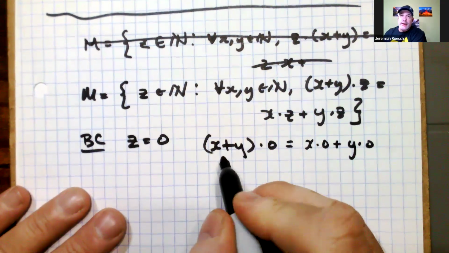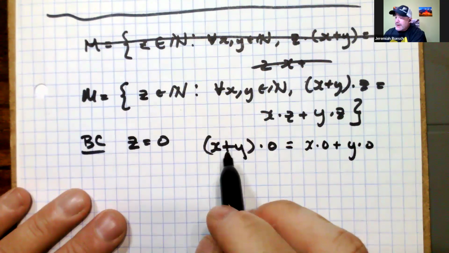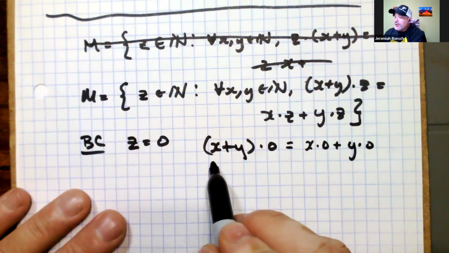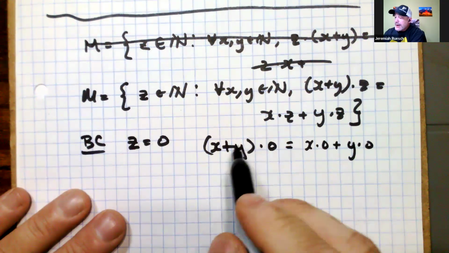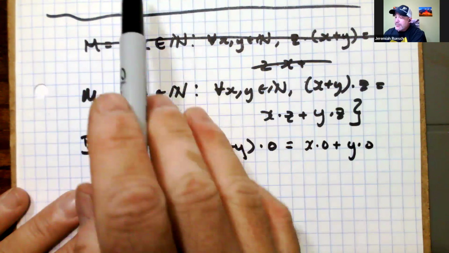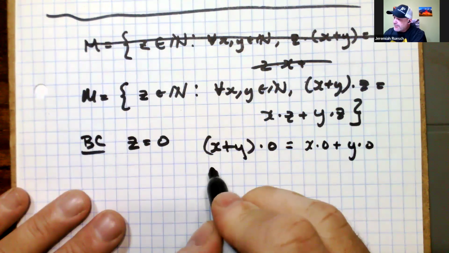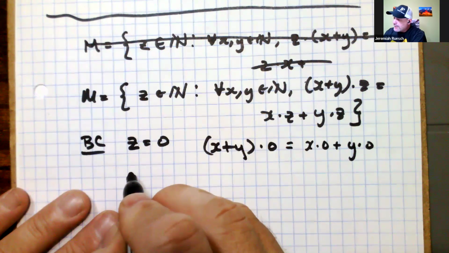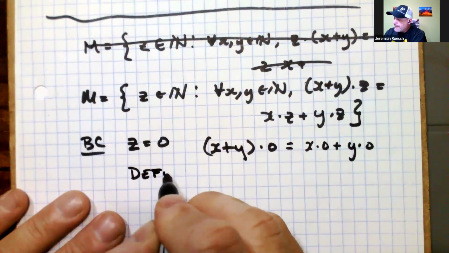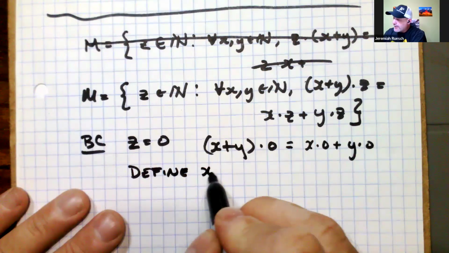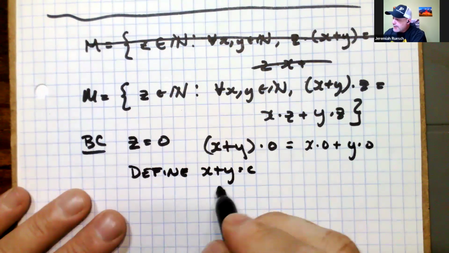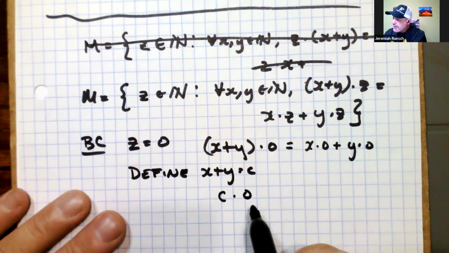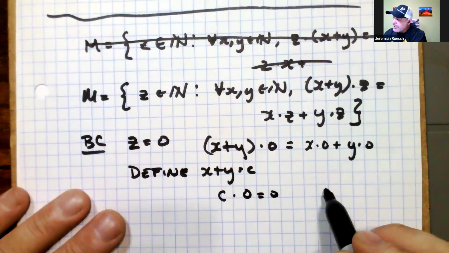Starting on this side, I know that x plus y is a natural number. By axiom M1, if you define x plus y equal to c, then what we have here is c times 0, and this equals 0 by M1.